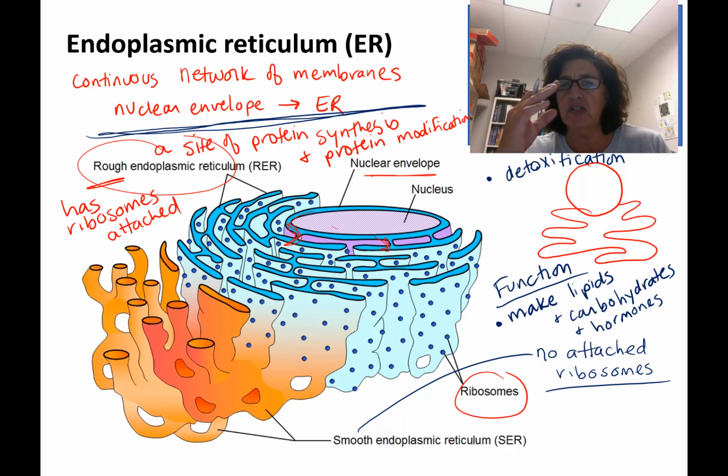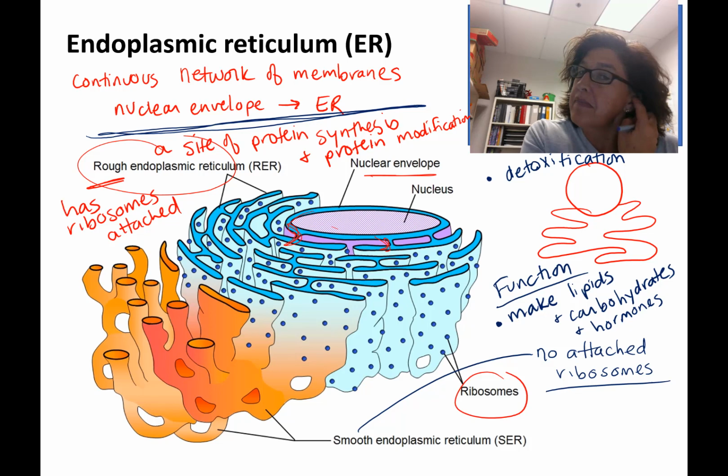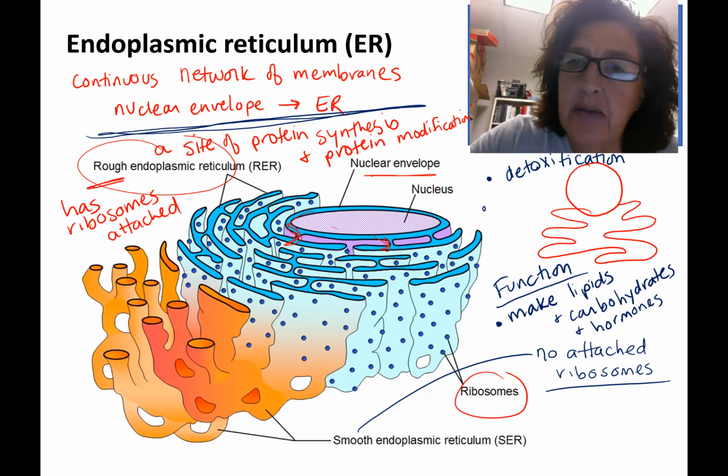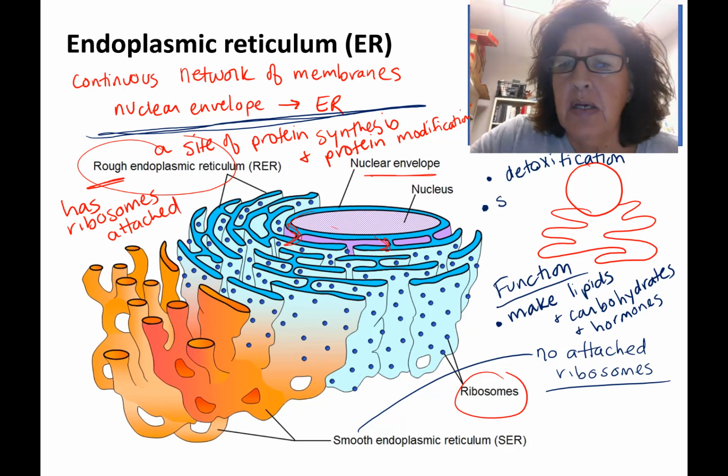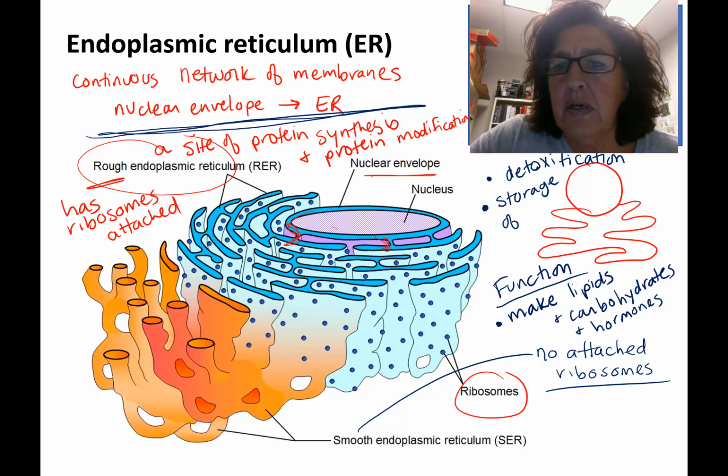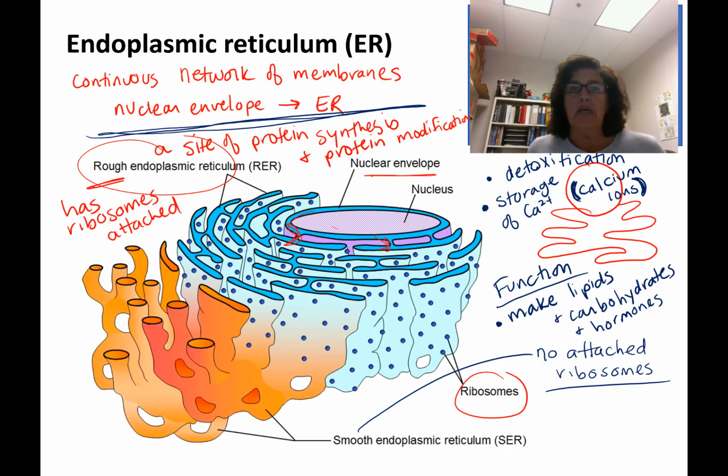And the detoxification is so that we can get those chemicals out of our body. In the muscle cells, and in other cells, but especially in the muscle, there's a storage of Ca2+, which you may or may not know is calcium. So calcium ions are also stored in the smooth ER.